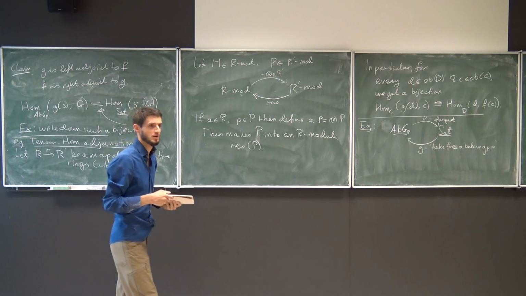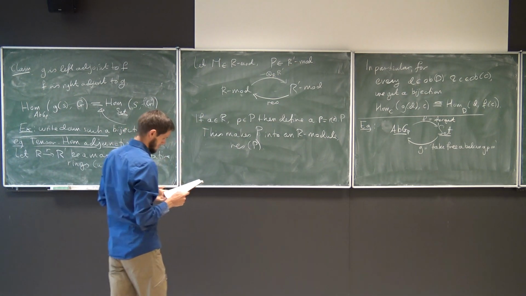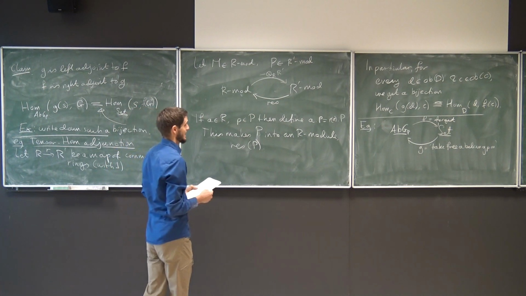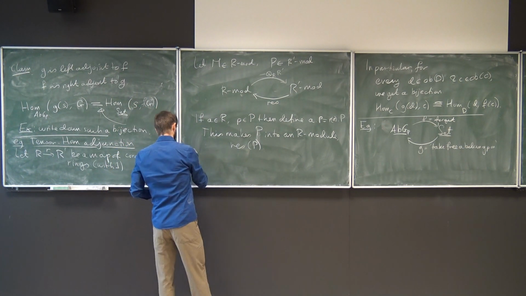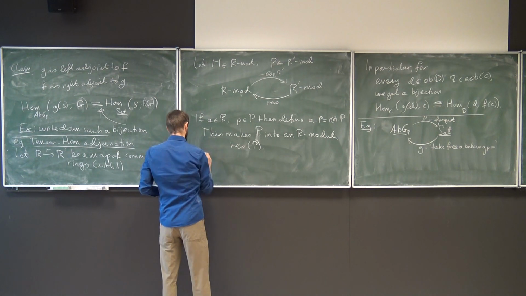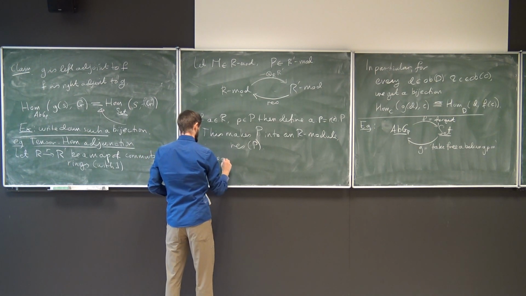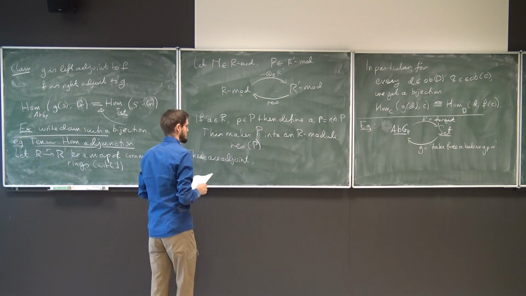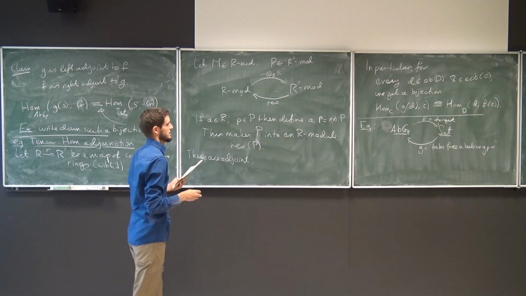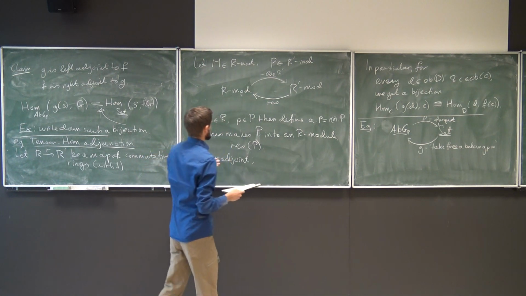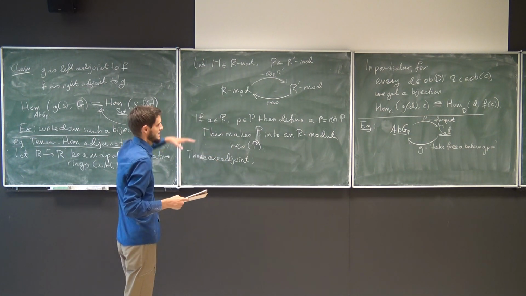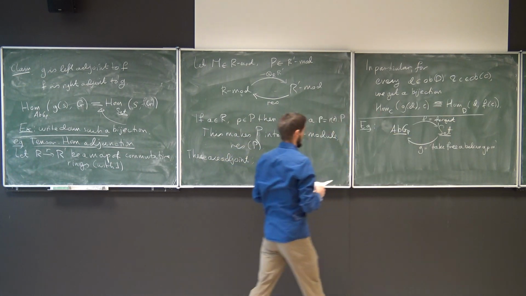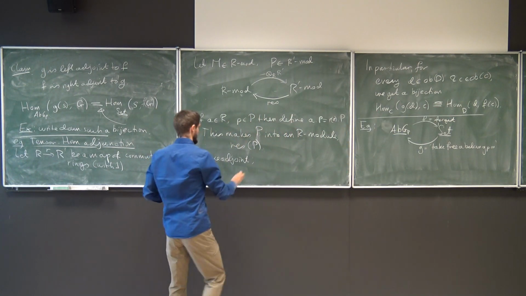I'll give a more concrete example with real and complex numbers shortly, which may clarify things. Okay, so the claim is that these are adjoint functors. Let me write out the easy version, the statement analogous to this.